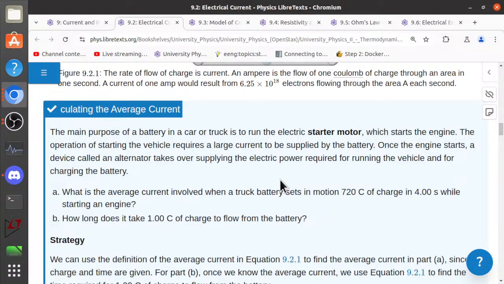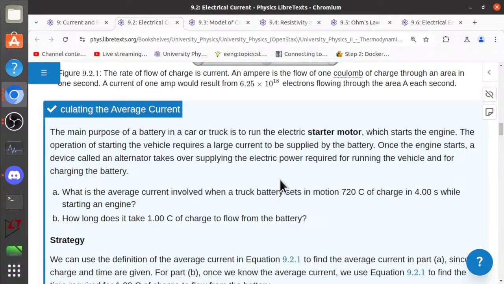But in the beginning, you have this electric motor which turns this, and that really consumes a lot of energy. So 720 coulomb in 4 seconds. How long does it take to discharge? If this is the current, as Jonathan said, 180 amperes, coulomb per second.